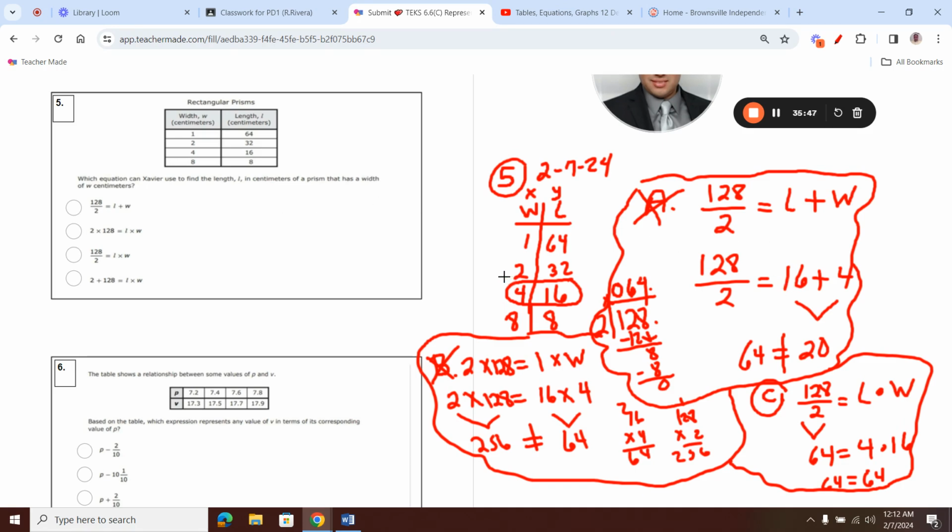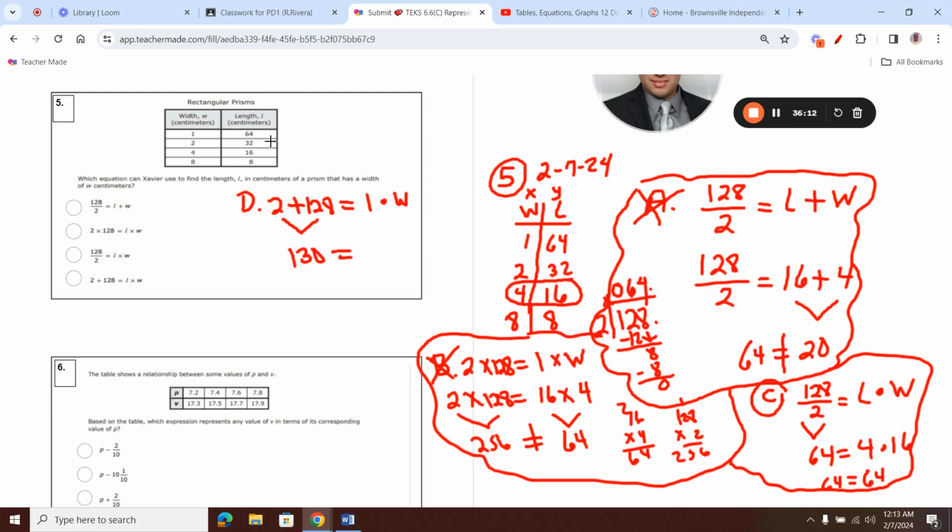Anyway, the way number 5 in your journal should look like this, you're trying all the choices, A, B, C. Now D I didn't try it, but you could have tried it. You could have said, okay, let's try D. Try D so you can see. Length times width. 128 plus 2 would be 130.